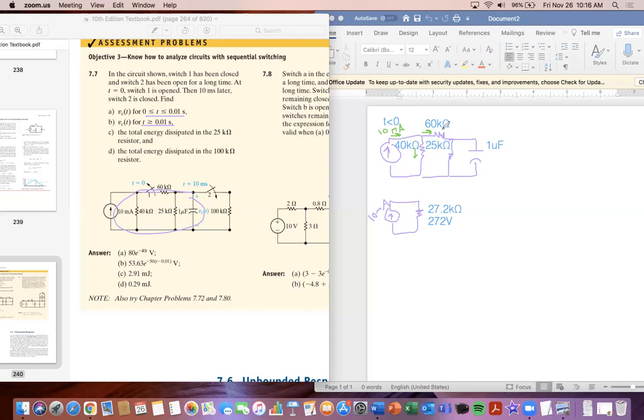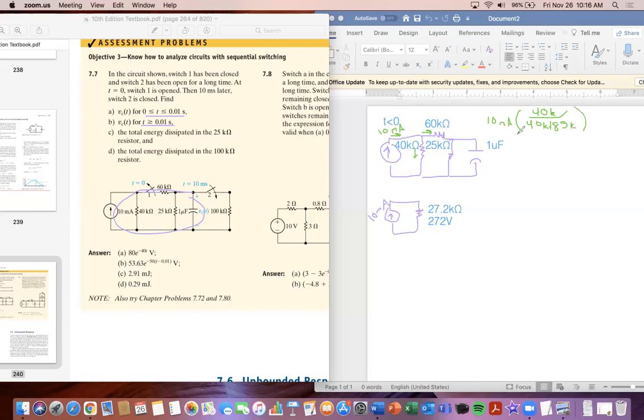Yeah, okay. So what we need to do to find the current going through the 60K is take the current from the source, which is 10 milliamps, times the resistor you're not interested in, which is this 40K, all over the resistor you're not interested in, plus the equivalent resistance. So 40K plus whatever's to the right there, which we had as 85K.